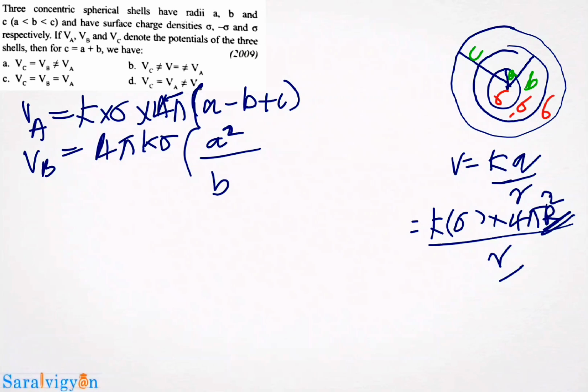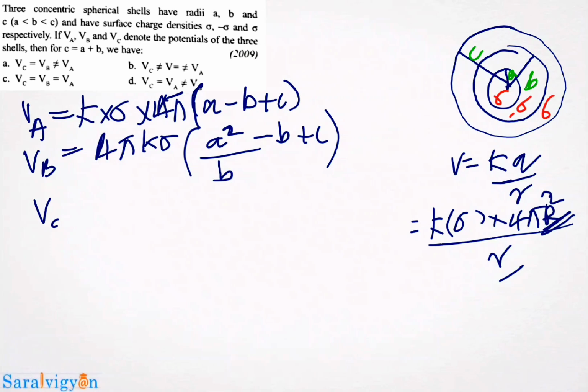Here we are taking the potential of shell A from B, so we'll take radius B as the distance, but for the rest of the potentials it is the same, plus minus B plus C.